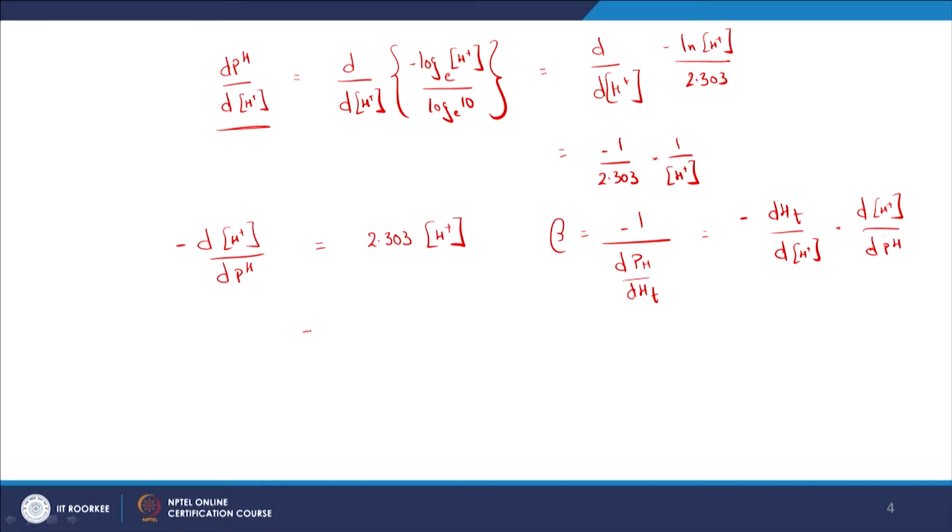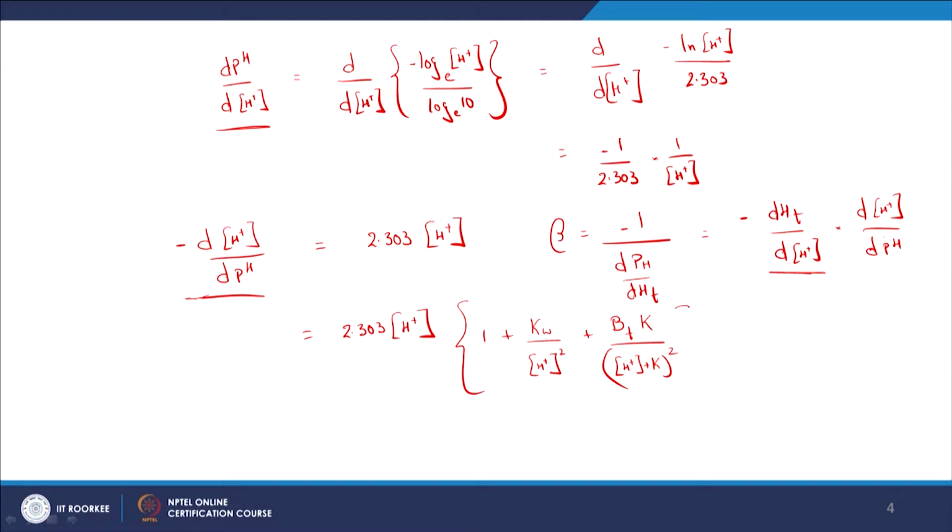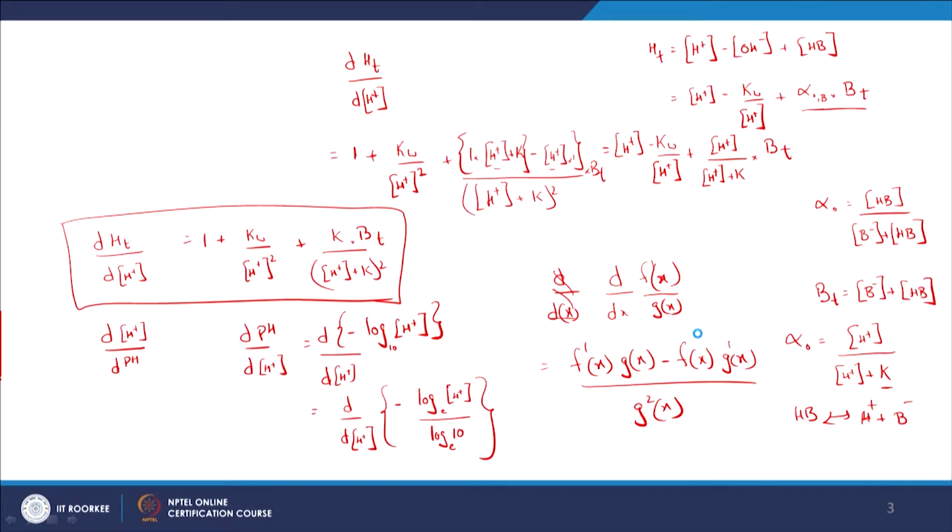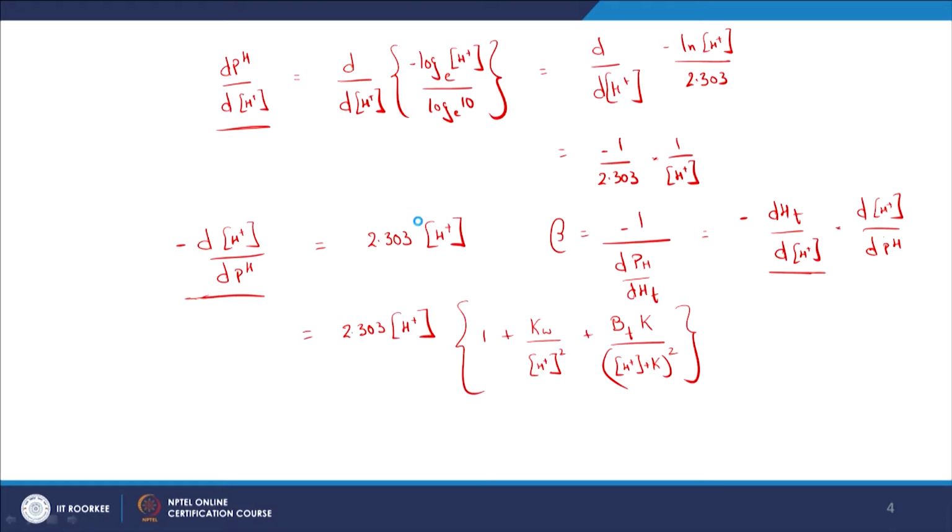This is what we expressed it as. And so let's try to plug in the relevant values here, and this particular value is 2.303 into H plus. And what is this particular variable here? I think we have that written down somewhere. I think it was 1 plus kW by H plus square, right, plus B total into K by H plus K whole square. So let me just check that out, please. And 1 plus kW by H plus square plus K into B total by H plus K whole square. So we are on the right track.